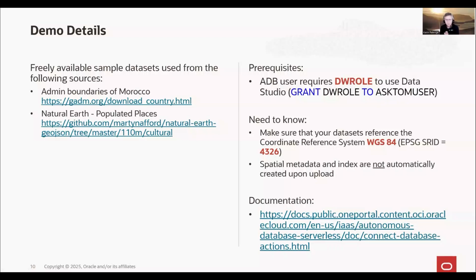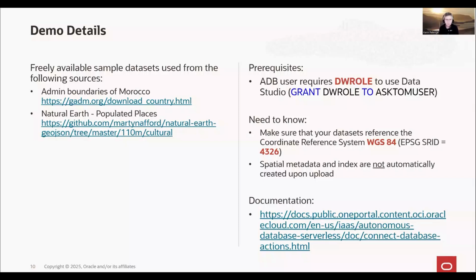Two more things you need to know in advance. GeoJSON makes use of the coordinate reference system WGS84, or what you know as SRID 4326. So make sure that your data set has this reference system. And once you have imported the data, you also need to make sure that the spatial metadata and the spatial index are created.